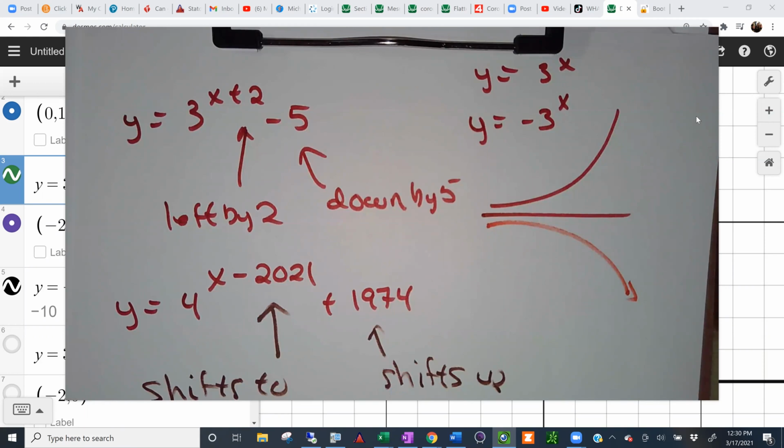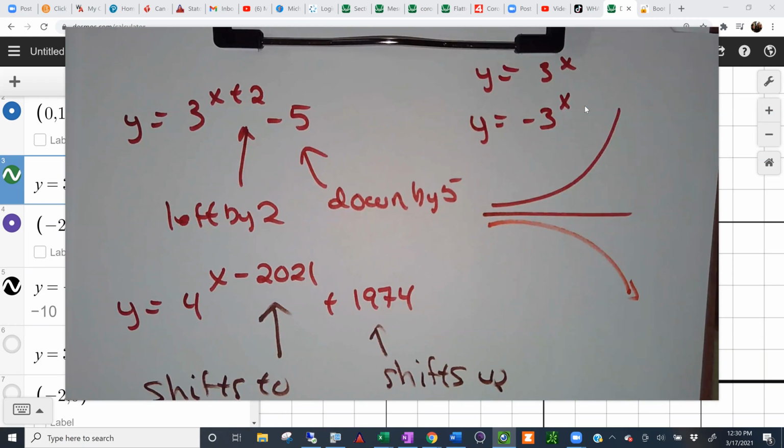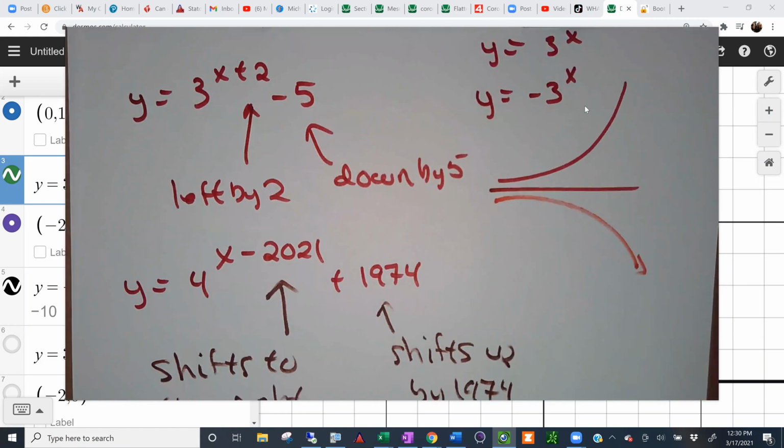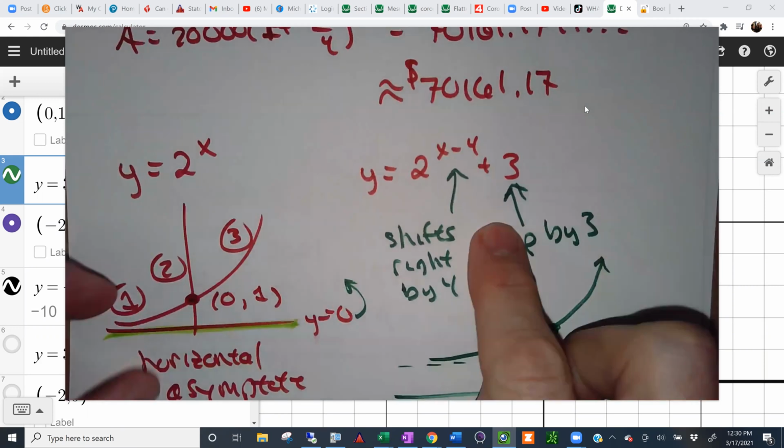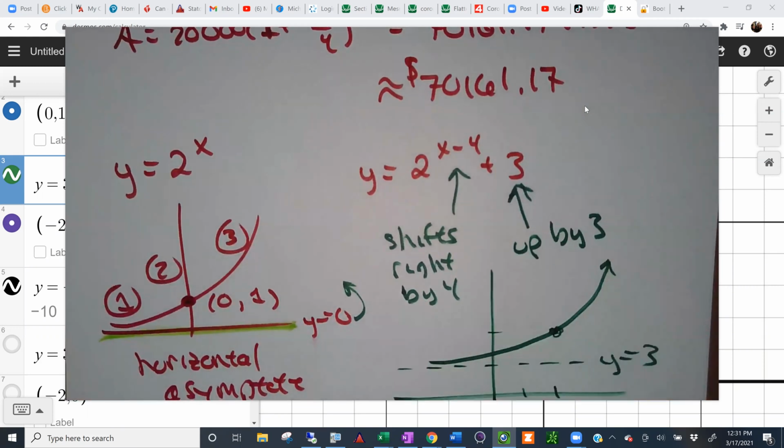I do have a quick question. In regards to the function that you have, y equals 2 to the x minus 4 plus 3, on the graph, does the new point become (4, 4)? Oh, great question.